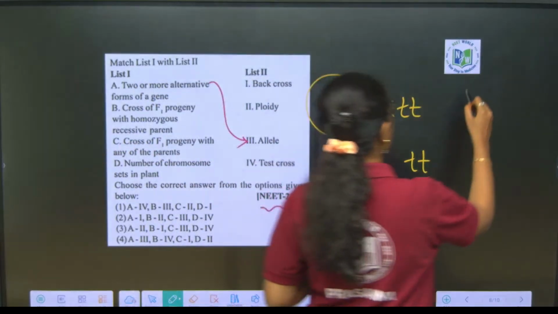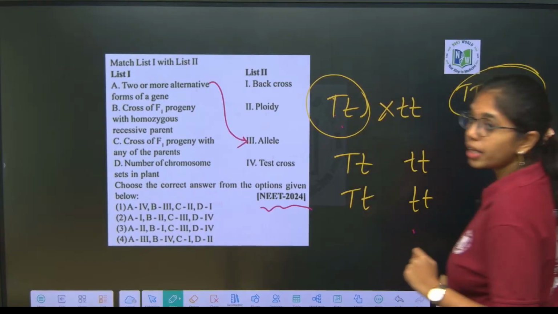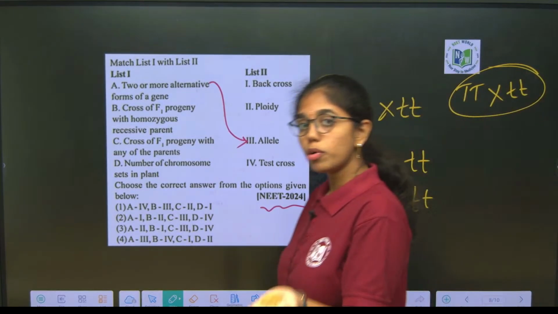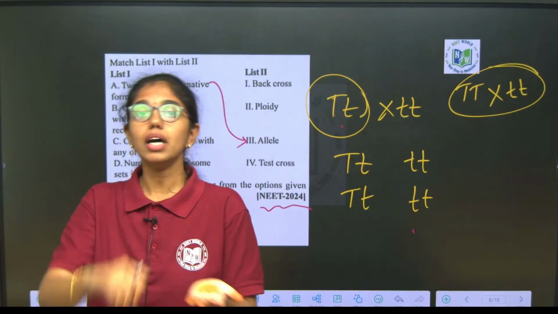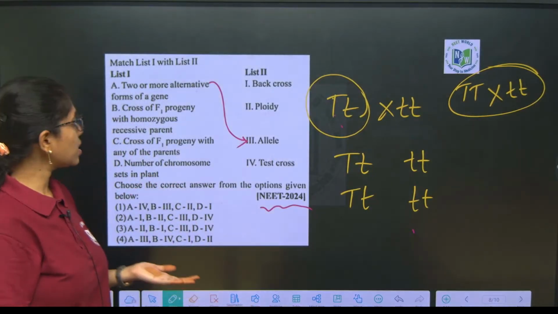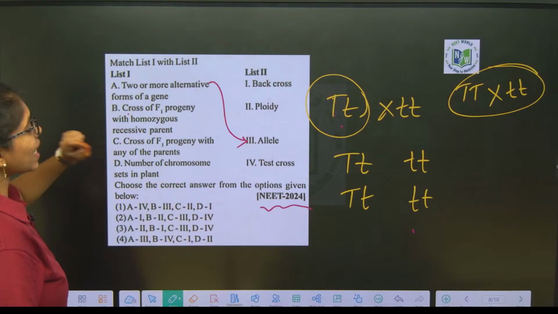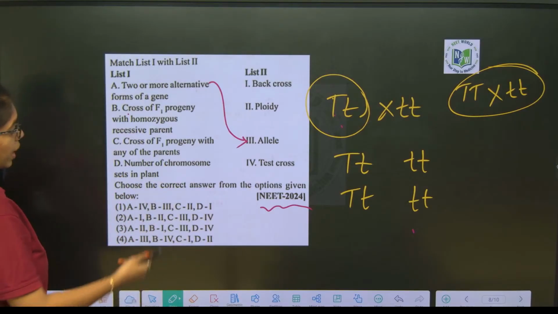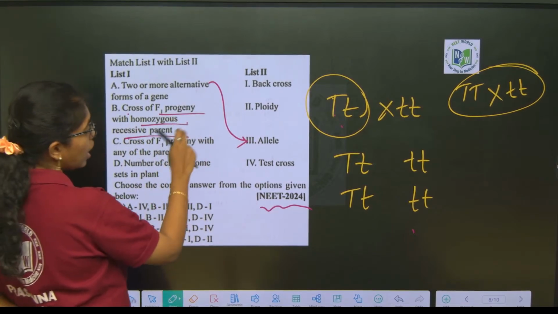If it is homozygous, then it will give you the complete dominant phenotype only. So, to test whether an organism is homozygous dominant or heterozygous dominant, it has to be crossed with the homozygous recessive parent. So, here the cross of F1 progeny with a homozygous recessive parent is what?